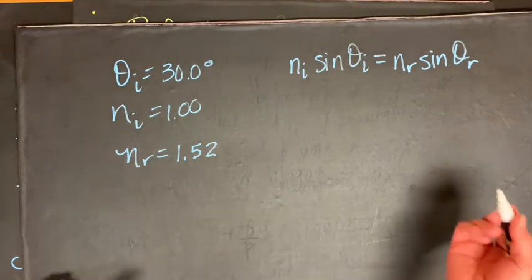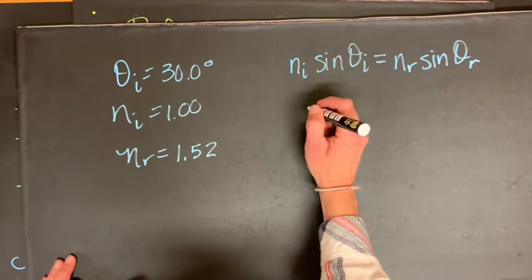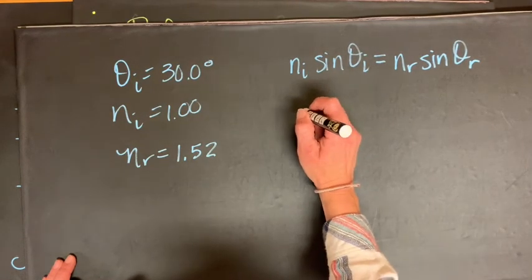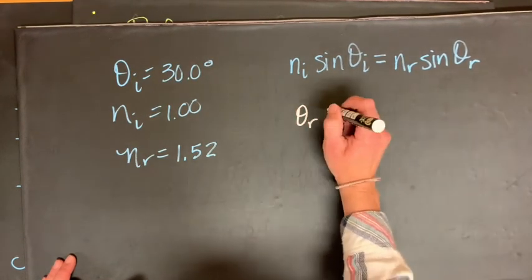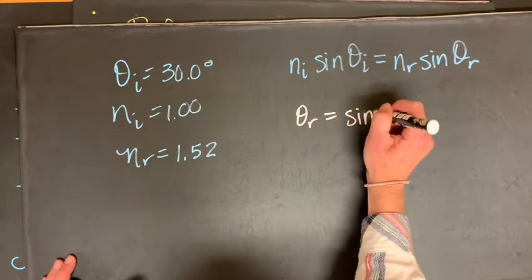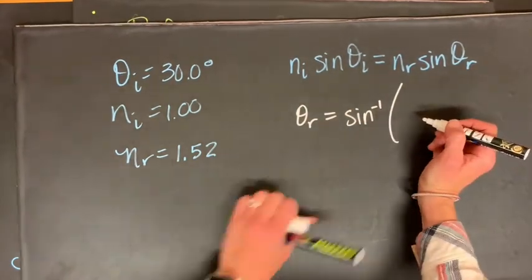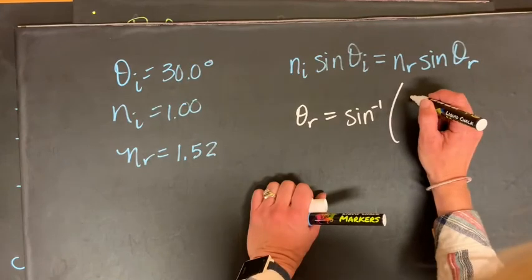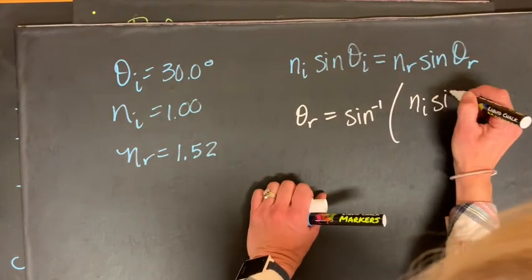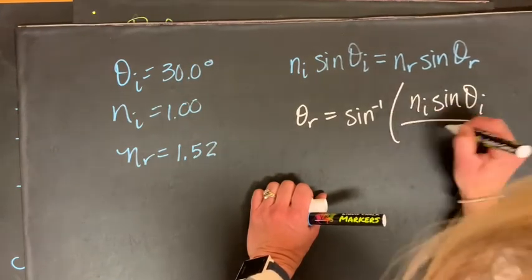So we're going to solve for our refraction angle. We end up with theta r is equal to the inverse sine of n_i sine theta_i divided by n_r.